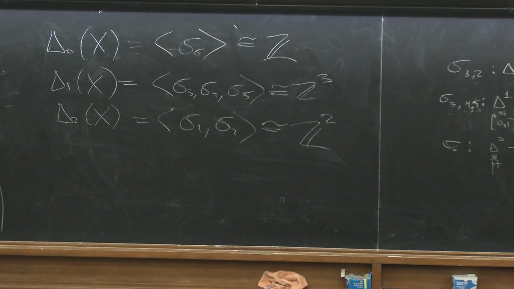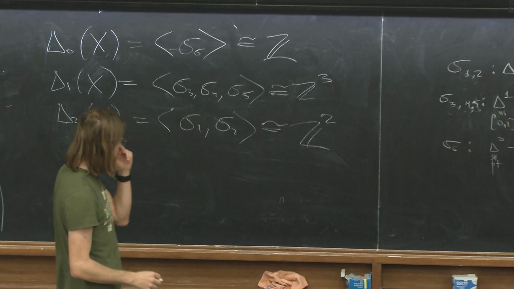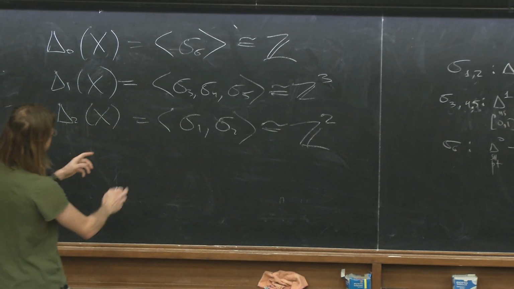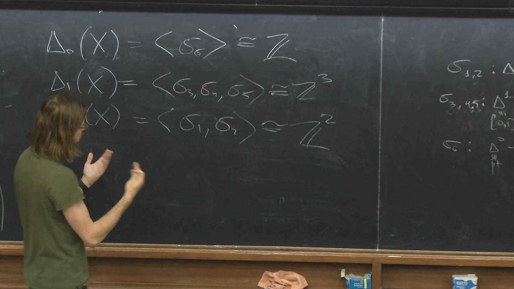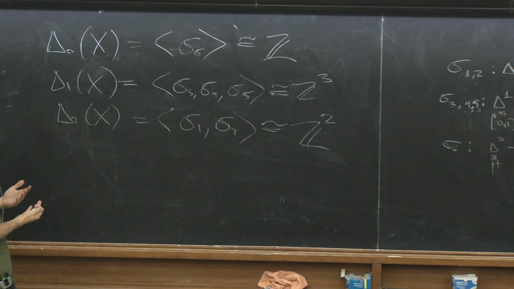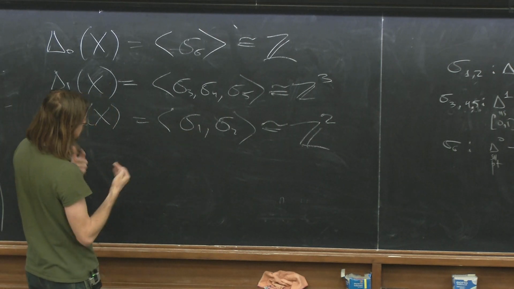From now on, we will always deal with abelian groups. So this notation which I use, this triangle bracket, will now mean generated by the elements inside as an abelian group.